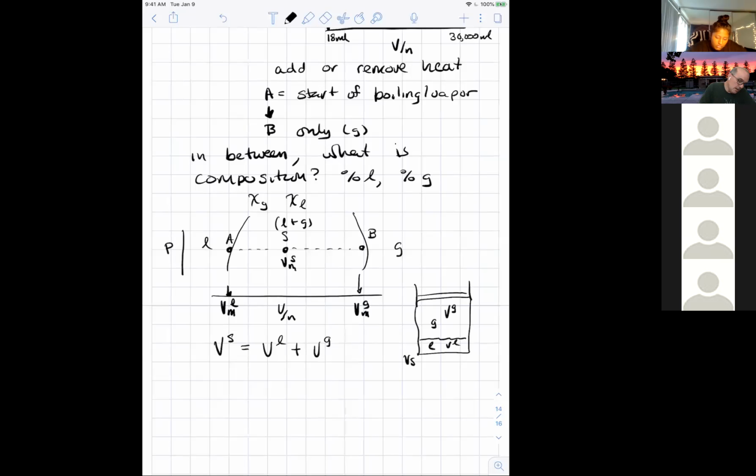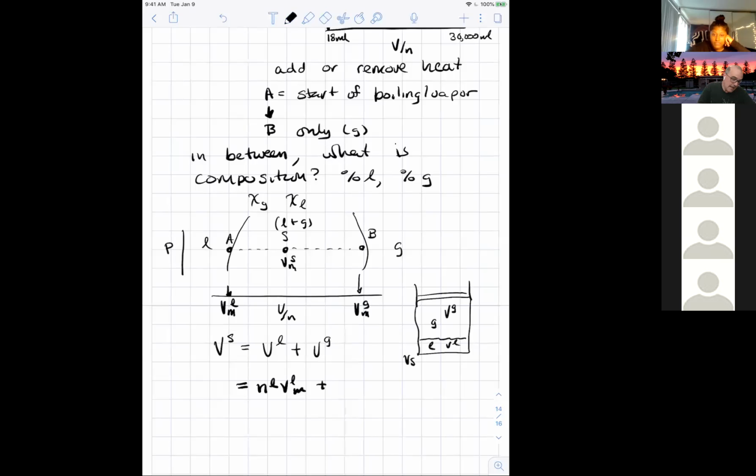All right. But the volume of the liquid is some function of the molar volume, right? What's the total volume of the liquid? This is going to be the number of moles of liquid times the molar volume of the liquid, right?